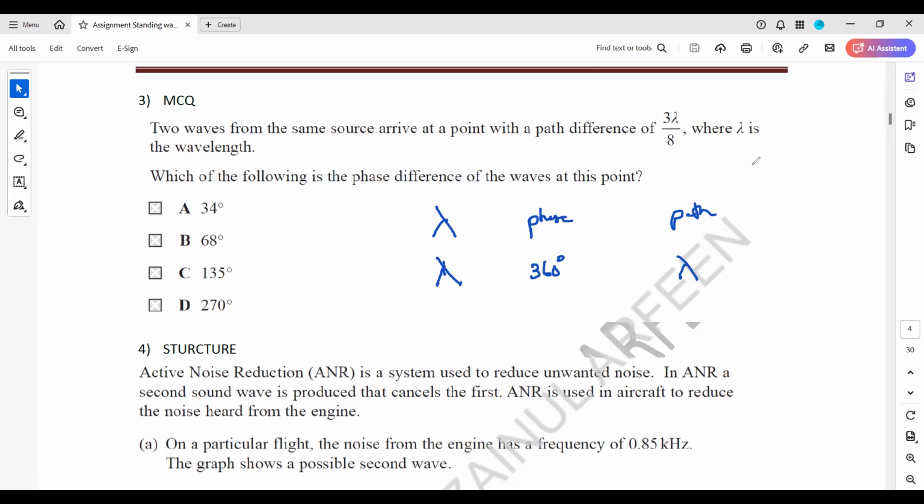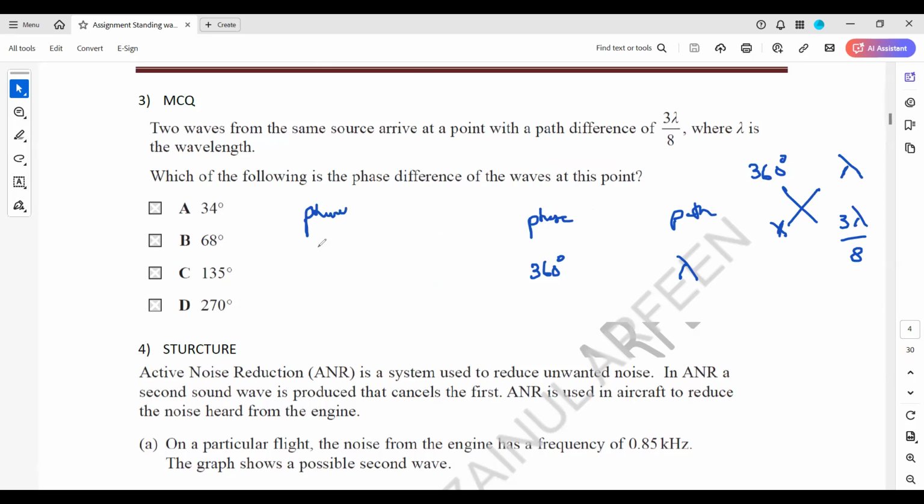So a phase difference of 360 equals a path difference of lambda, one complete wavelength. So if we have 3 lambda by 8, how much is the phase difference x? Cross multiply. Is it clear?